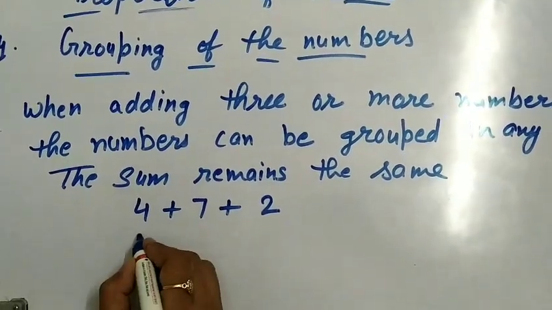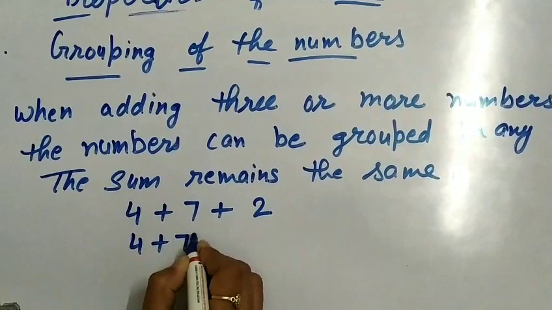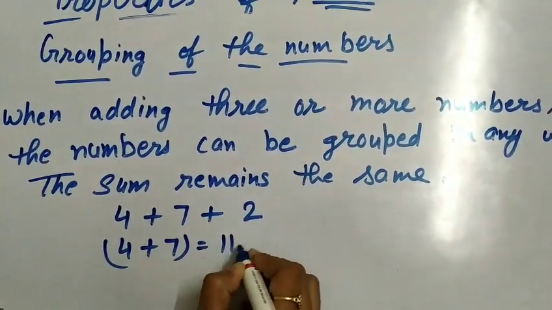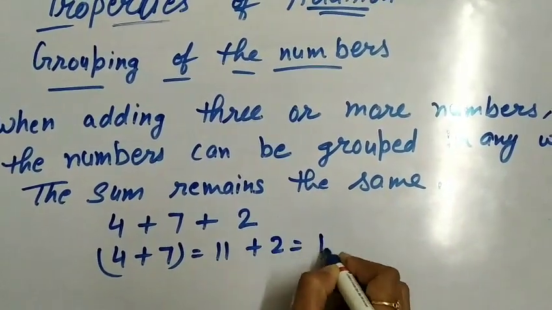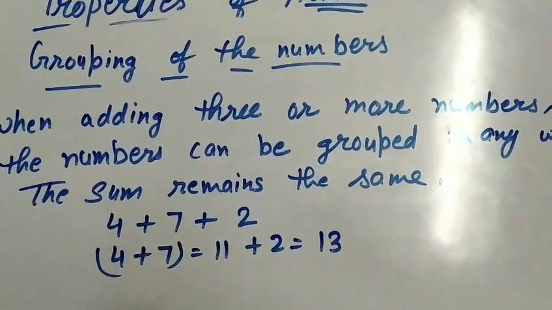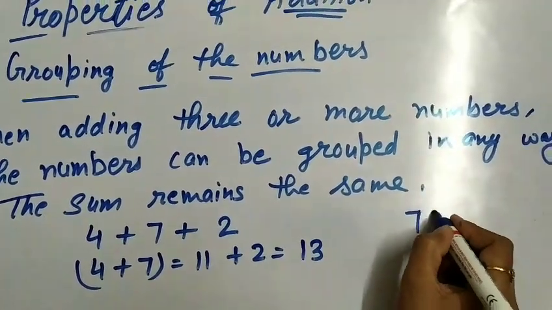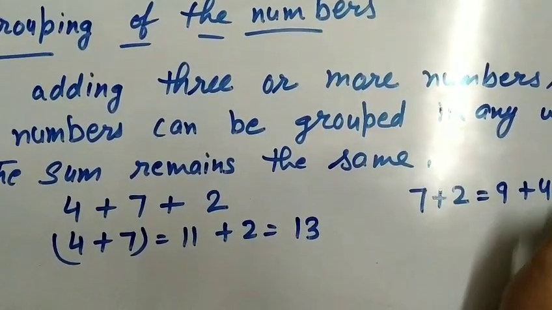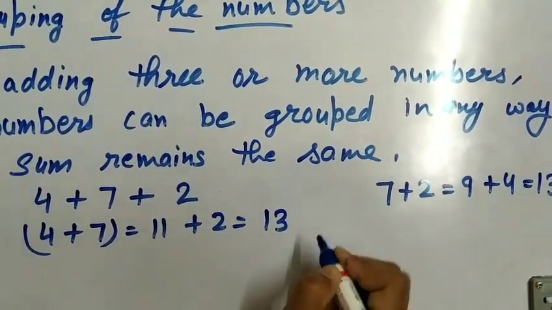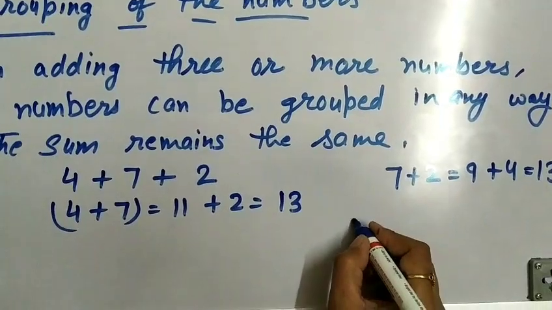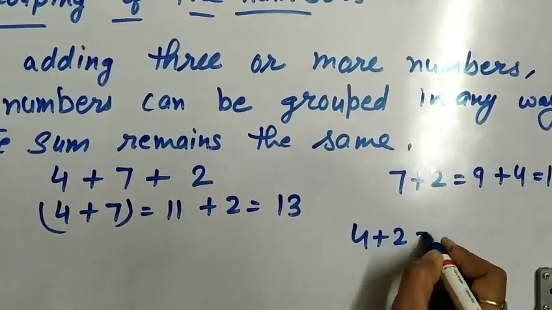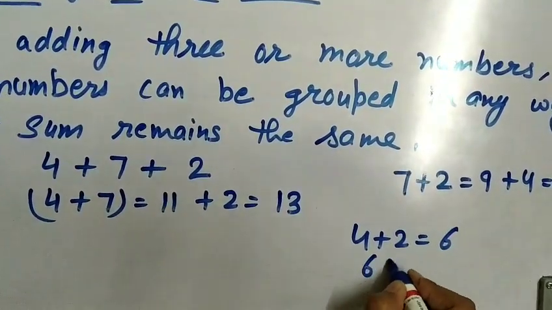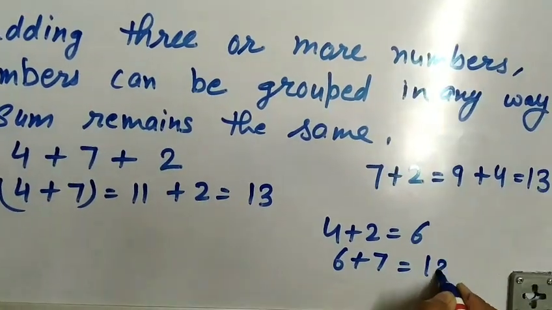Firstly add 4 plus 7, 11. Then 11 plus 2, 13. Or you can see 7 plus 2, 9. And 9 plus 4, 13. Or you can do 4 plus 2, 6. Then 6 plus 7, 13.